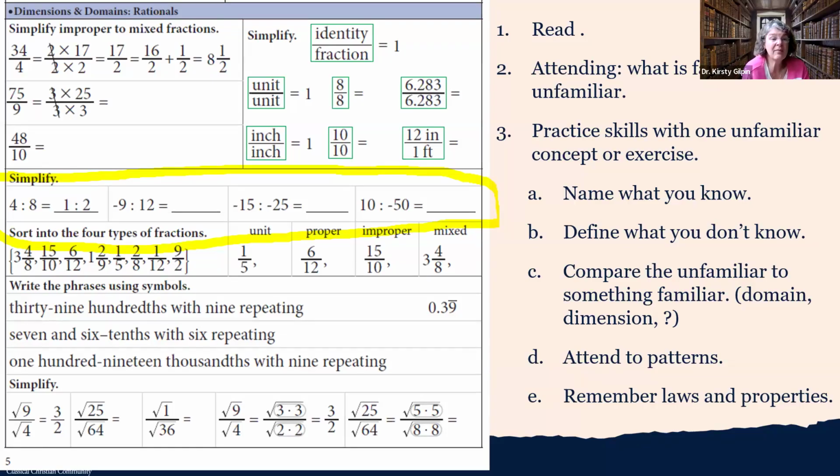There, it may be helpful to have your student write that as a fraction, negative 9 over 12, so that they can see that negative 9 is negative 3 times 3, 12 is 4 times 3, 3 over 3 is 1, so I'm left with negative 3 to 4. And then see if they can see the pattern to continue on.